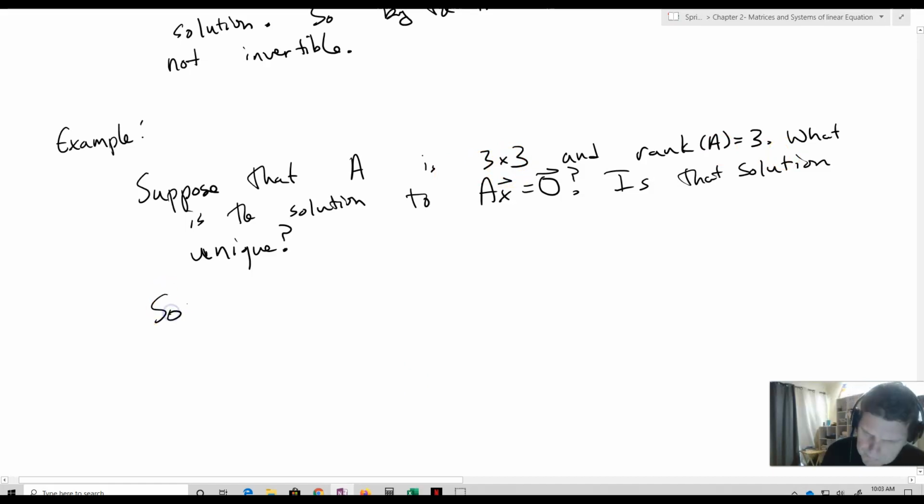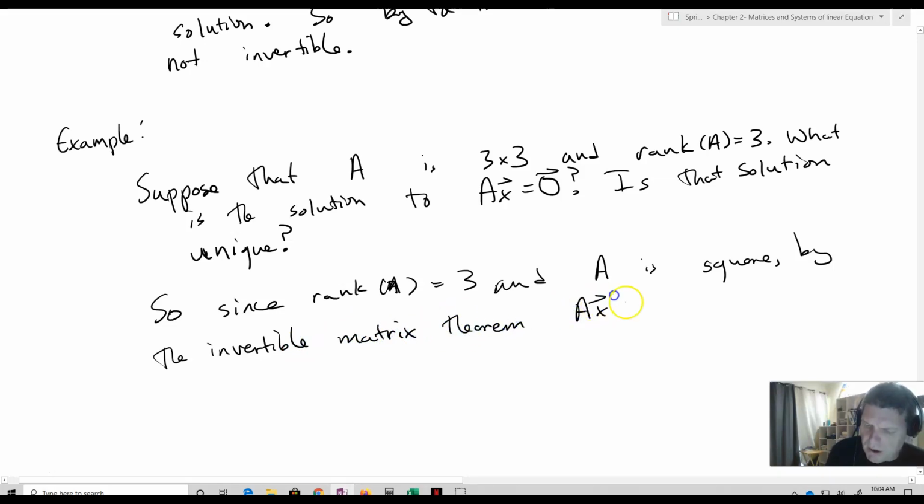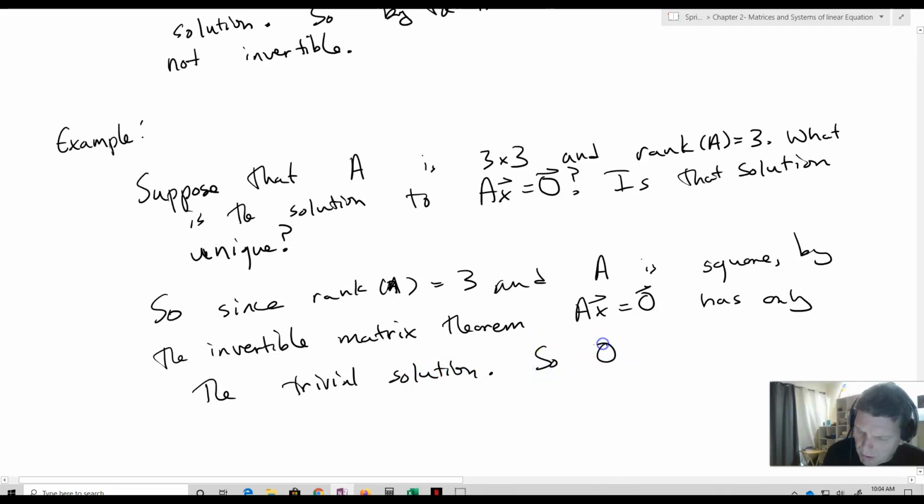Since the rank of A is equal to 3 and A is square, by the invertible matrix theorem, Ax equals 0 has only the trivial solution. So 0 is the solution, and it is the only solution.